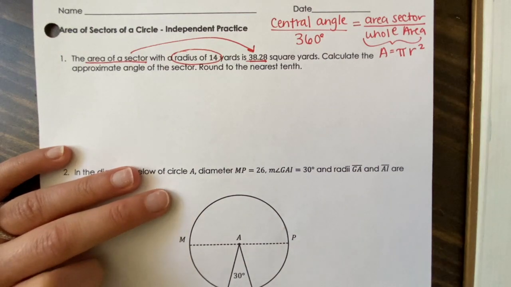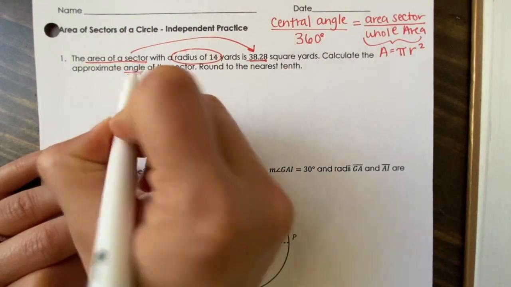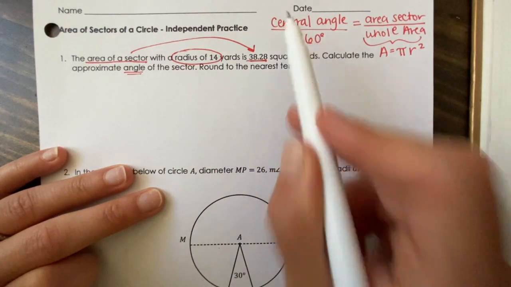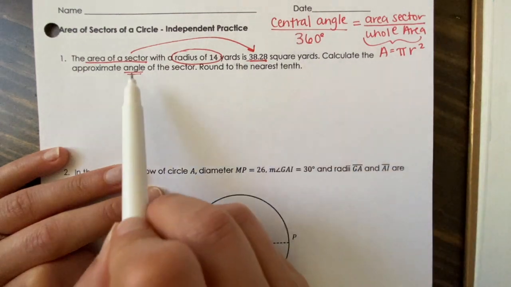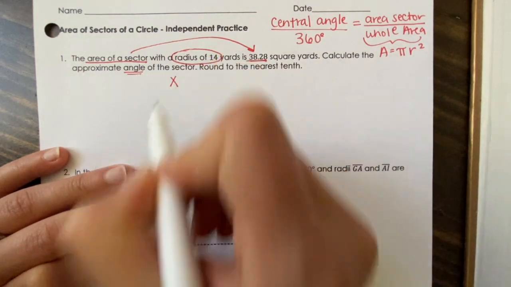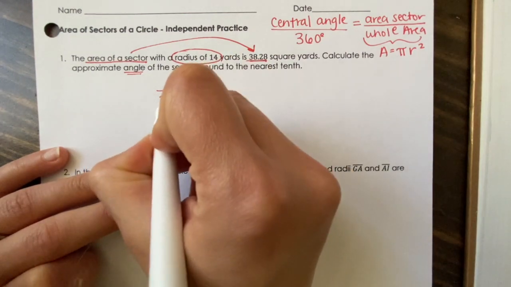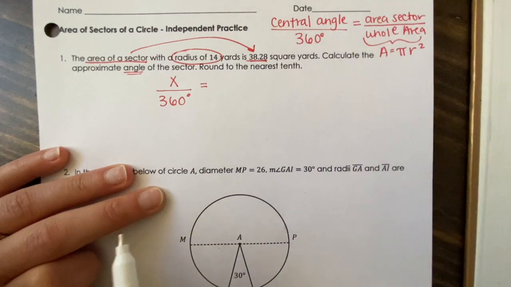It says calculate the approximate angle of the sector and round to the nearest tenth. So all we're doing is finding this piece of the proportion. We don't know the angle, that's what we're solving for, out of 360 degrees equals the area of the sector out of the whole area.